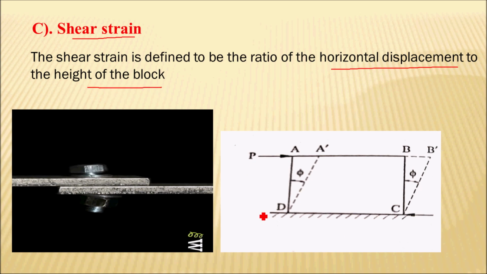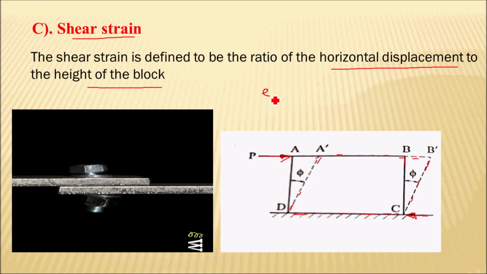In this image you can see that tangential forces are applied onto the body. Because of these tangential forces, there is displacement in the body. The bottom of this body is fixed actually, so there is displacement in this body in this way. This displacement is nothing but shear strain.